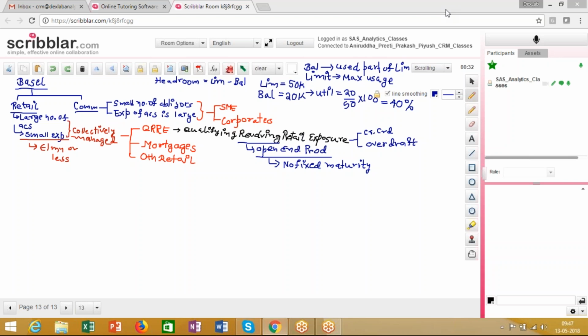Okay. So next, there are a few other important features associated with revolving products as well. Like we saw, one of the important variables was utilization, to assess the riskiness associated with a credit card. With a revolving product, there are a few important things that we also need to look into.